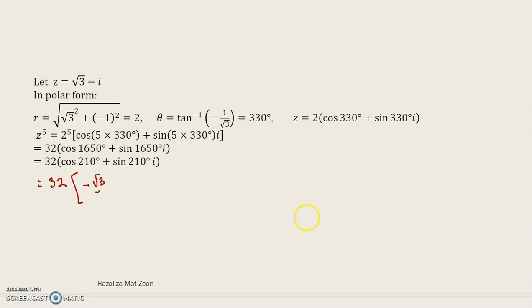So just calculate cos 210 and sine 210i, and then you simplify. So that's the answer. This is how we find the powers of a complex number using De Moivre's theorem.